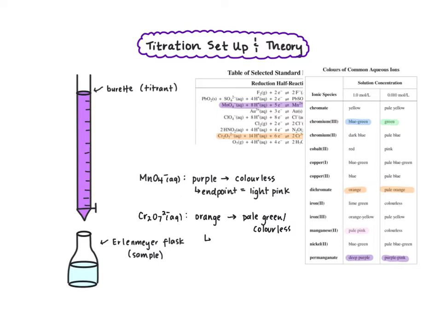And therefore our end point is going to be a very pale orange, where we have 1 drop too much of dichromate. And because we have these really vibrant colors, we're able to carry out these titrations without adding any extra indicator into our sample or our burette.